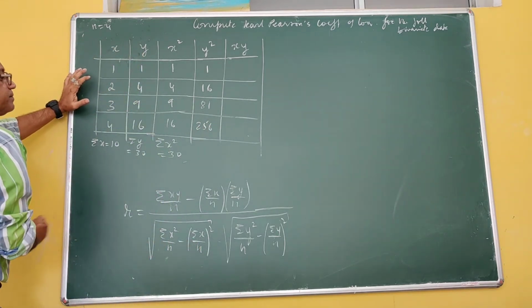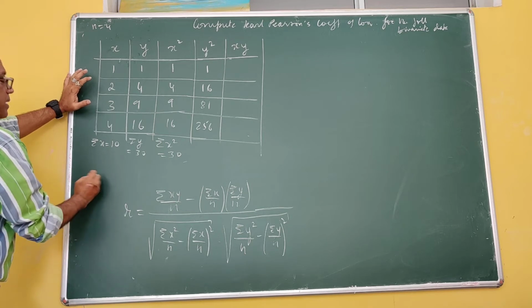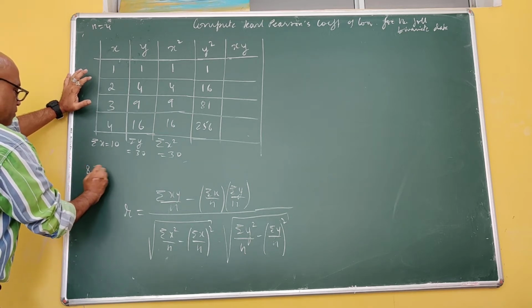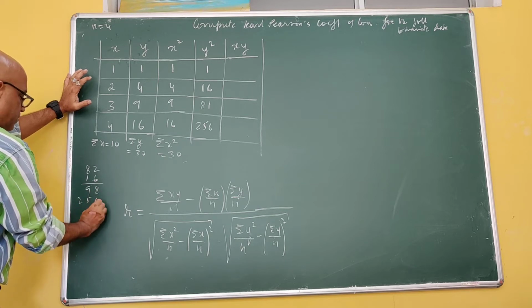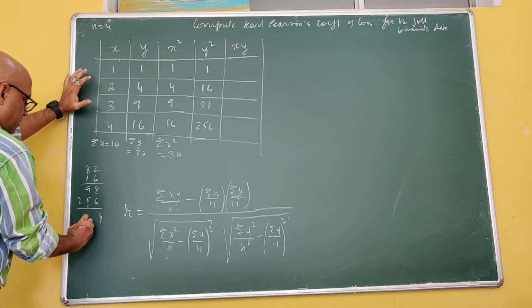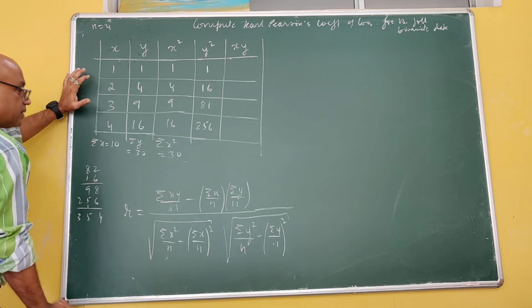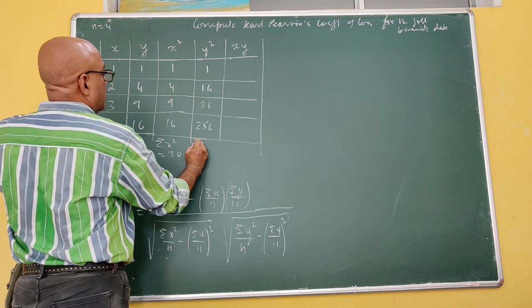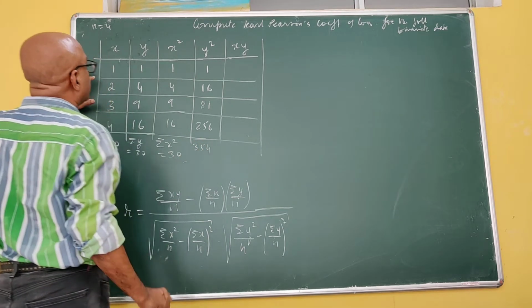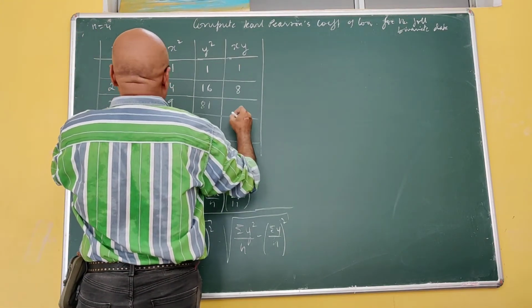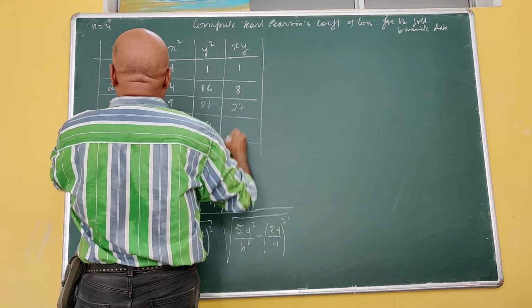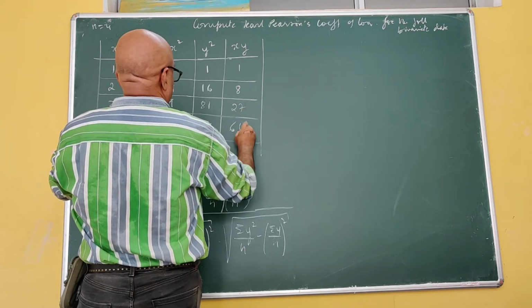You have 82, 16, that gives you 98, and plus 256, that gives you 354. 354, okay. And x into y is going to give you 1, it is going to give you 8, 9, 3 is 27, and 16 goes like 64.